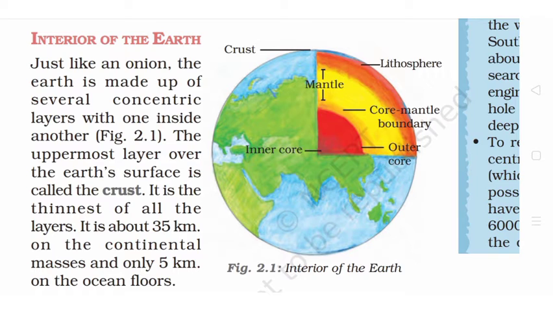The crust is the thinnest of all the layers, and it is about 35 kilometers thick on the continental mass.